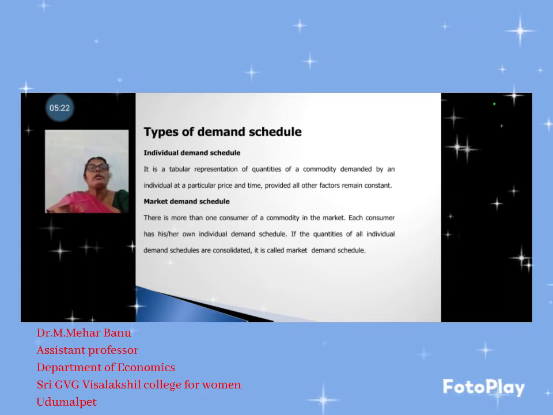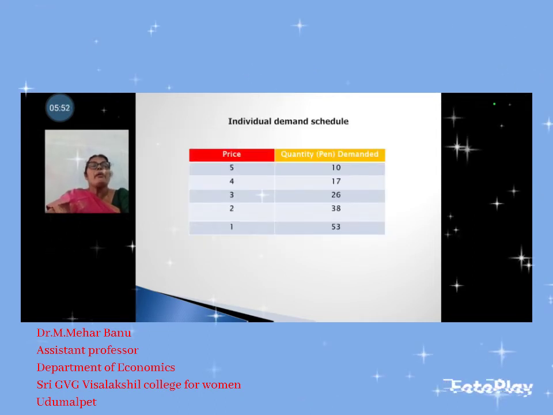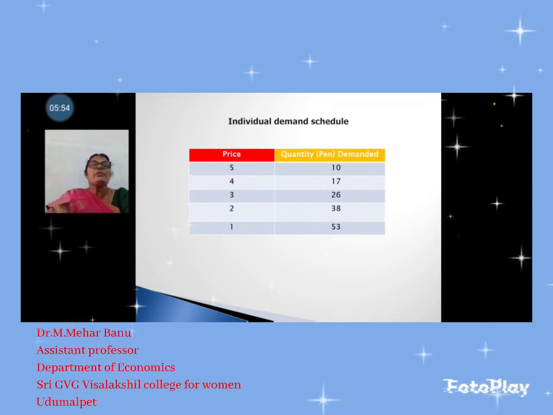There are so many consumers, and buying and selling of the commodity happens in the market. Each consumer has their own individual demand schedule. If the quantities of all individual demand schedules are consolidated, that is added, we compile it, it is called a market demand schedule. Okay, next, the tabular column shows the individual demand schedule.